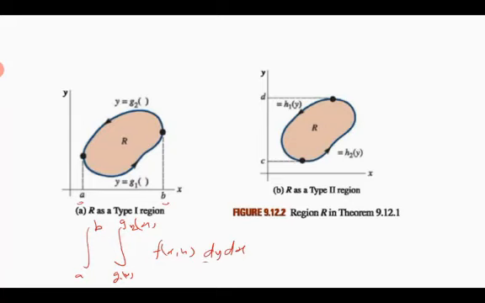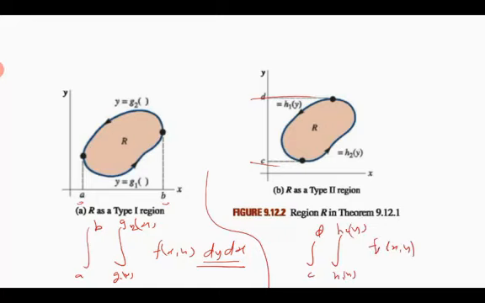Integration starts with respect to y first in a type 1 region. Obviously for type 2, the limits of y will be constants c and d, the limits of x will be h1(y) to h2(y), and the function f(x,y) is integrated first with respect to x, then with respect to y. This is a type 2 region.